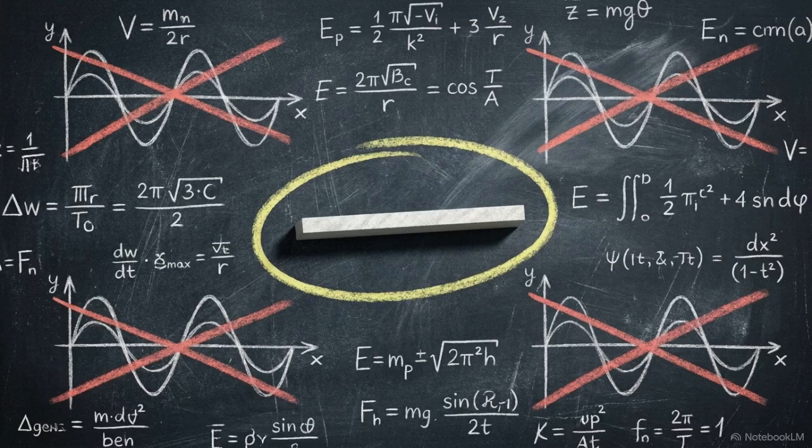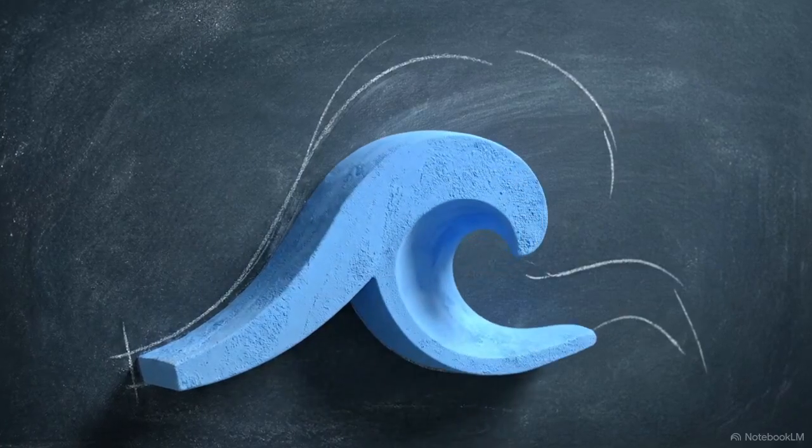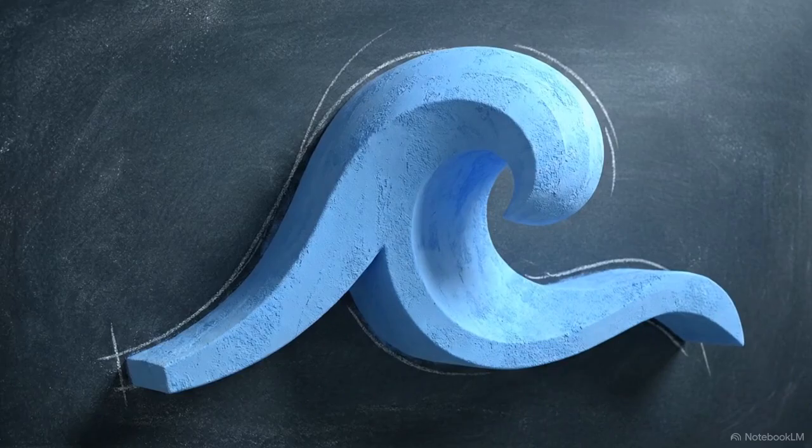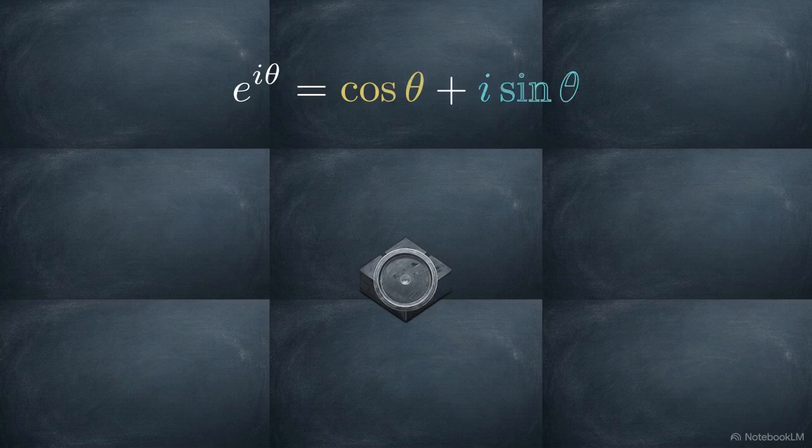This mirroring allows physicists to cancel out imaginary parts to extract real-world measurements. By switching to this polar format, the magnitude measures the wave's amplitude, and the argument specifies its phase. This alignment between geometry and physics is formalized by one central equation, Euler's formula. e to the power of i theta equals cosine theta plus i sine theta.